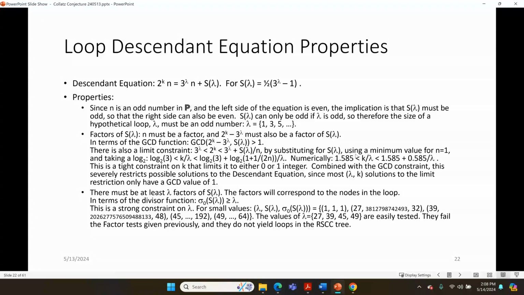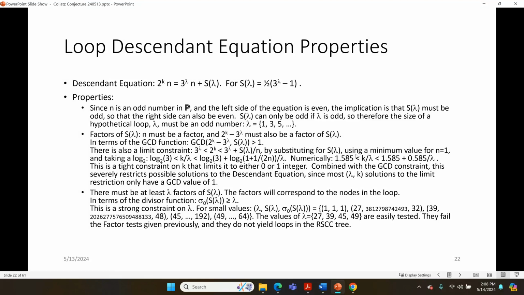We'll see that if we set n equal to 1, the first numbers that satisfy the constraint, aside from lambda equal 1, are lambda equal 27, lambda equal 39, lambda equal 45, and lambda equal 49.